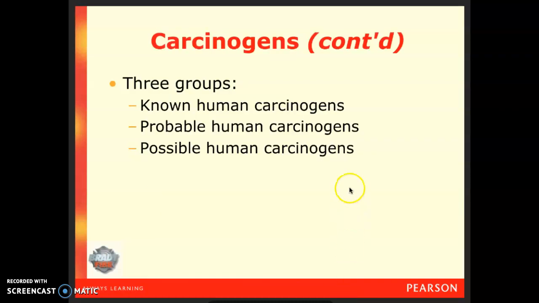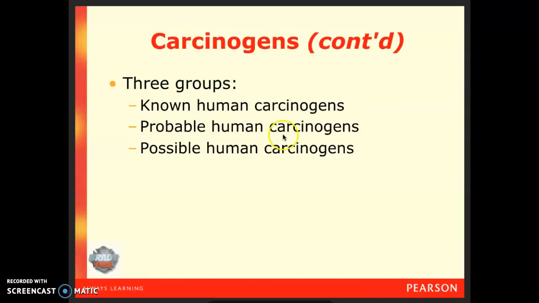Now, when it comes to carcinogens, there are three known groups. We have the known human carcinogens. These are the ones that have been studied, and the link between them and cancer causing substances is well established and known. We know that the substance causes cancer.